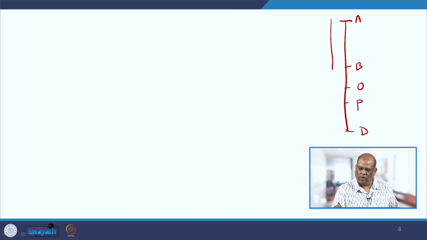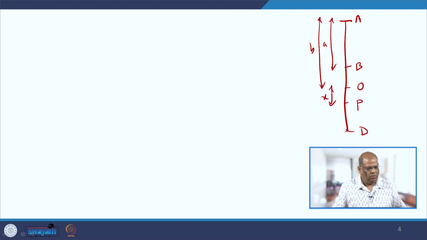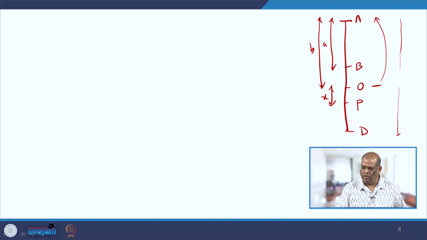So, this is your A, this is your B, this is your X. So, what I do now is I take this mass, which is somewhere here at the point A, and I drop it. So, if I drop it from the point A, this is going to fall down till to some extent D, and because of the elasticity, again it will move up.